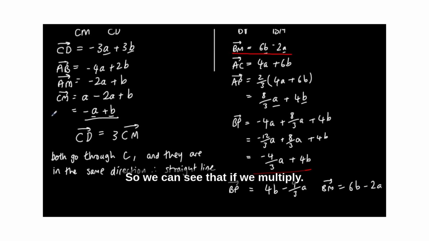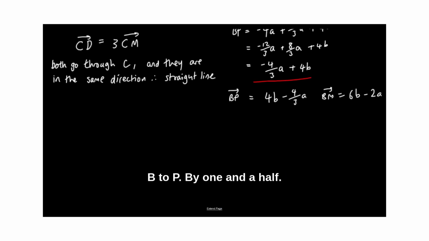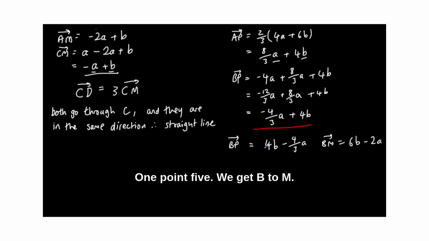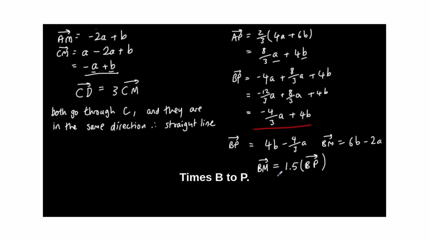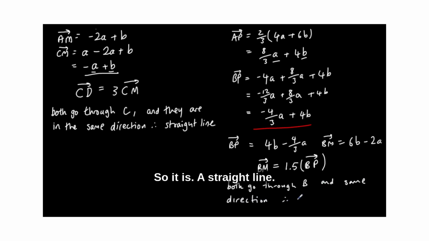So we can see that if we multiply B to P by 1.5, we'd get B to M. So we can say that B to M is equal to 1.5, or 3/2, times B to P. So they both go through B, and same direction. So it is a straight line.